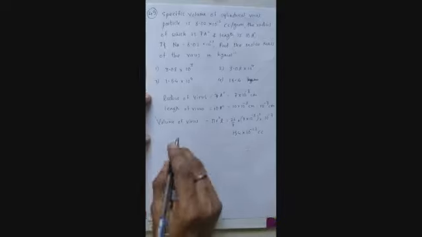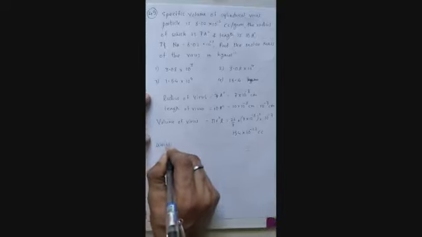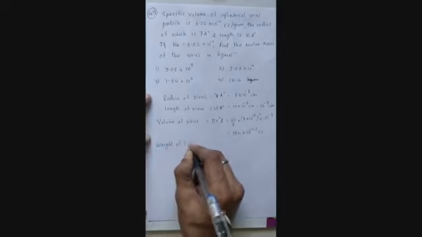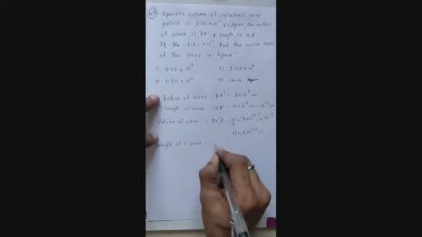Correct? Now what I can get is the weight of one virus. That should be equal to volume upon the specific volume.